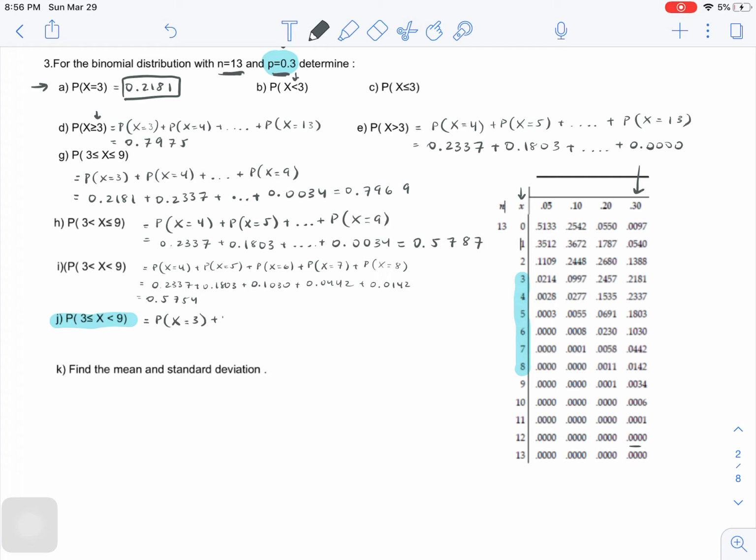Probability that x is 3 plus probability that x is 4 all the way to x equals 8. And I will highlight those probabilities for you here. So you want to add up 0.2181 all the way to 0.0142. And you should get 0.7935.